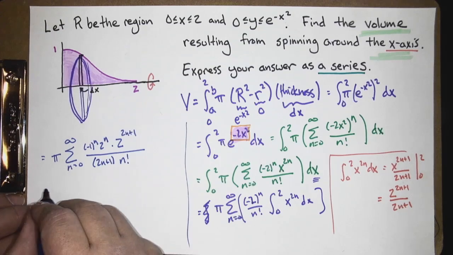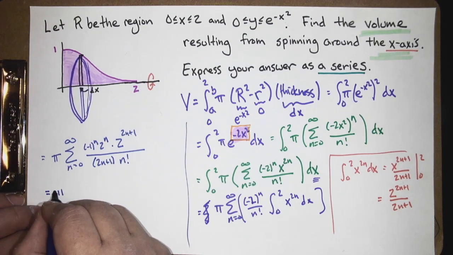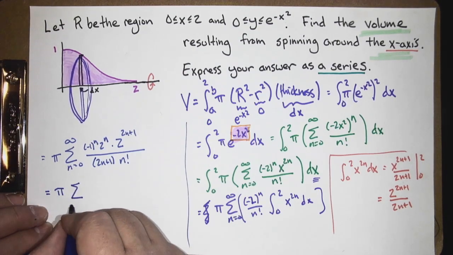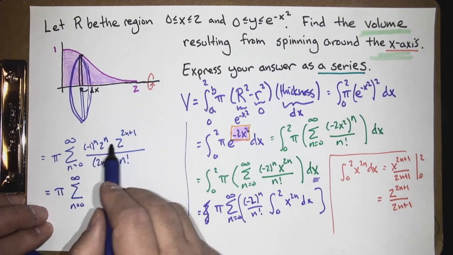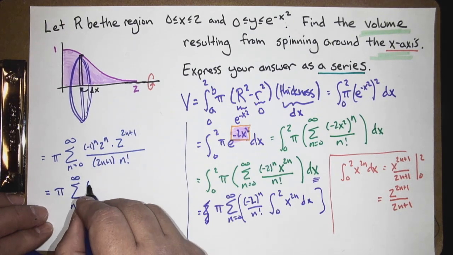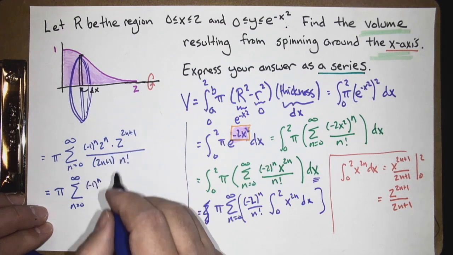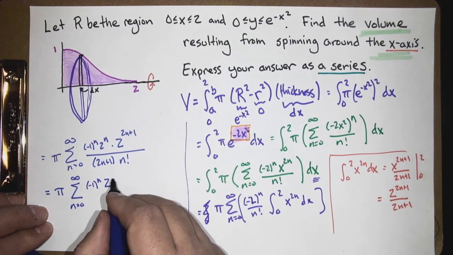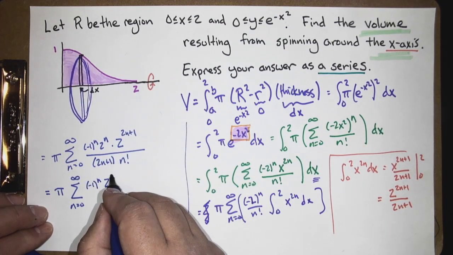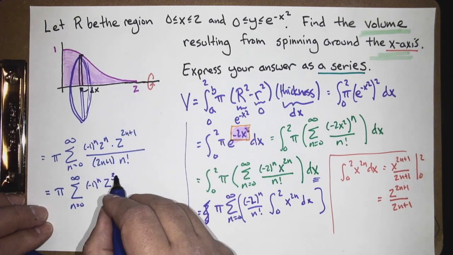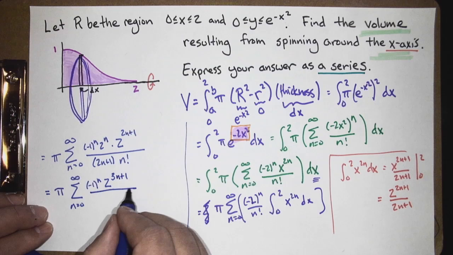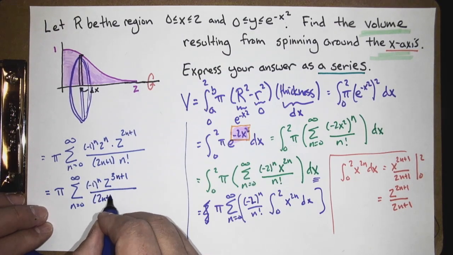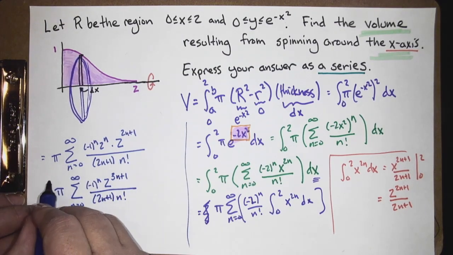Now this is good enough for points, but I just want to show one more thing we can do. I have these 2's. 2 to the n times 2 to the power 2n plus 1 becomes 2 to the power, well, you add the exponents, n plus 2n is 3n plus 1, divided by 2n plus 1, n factorial.